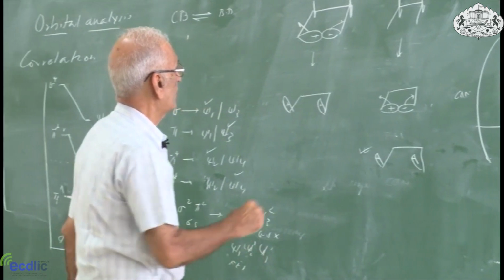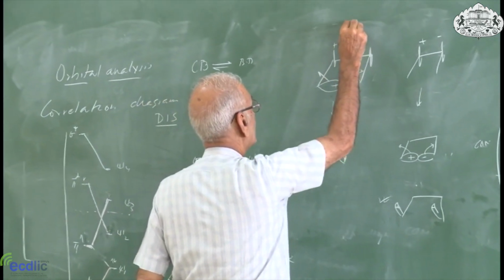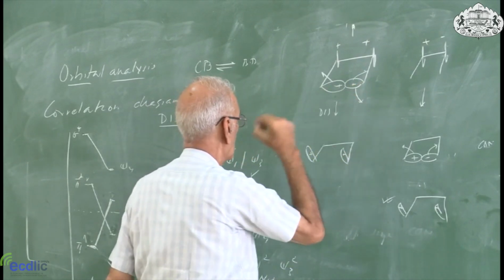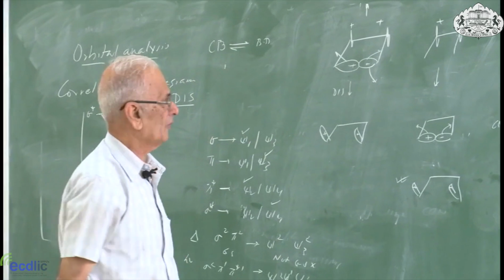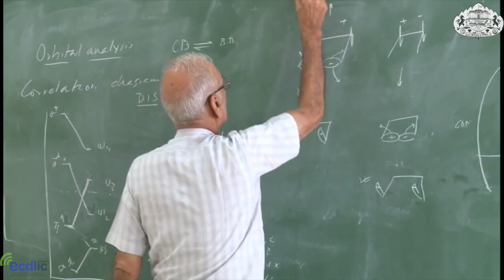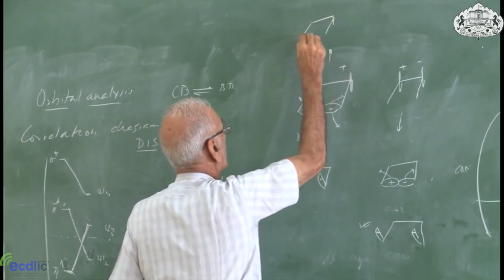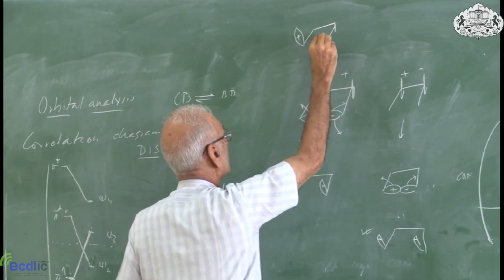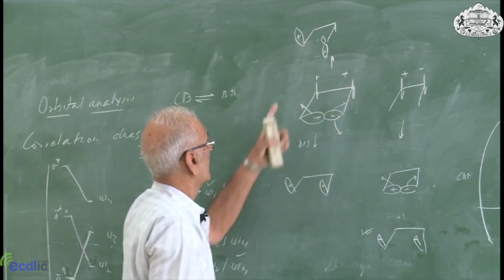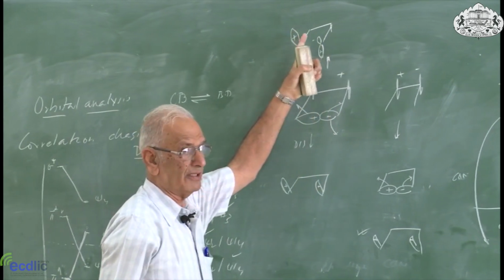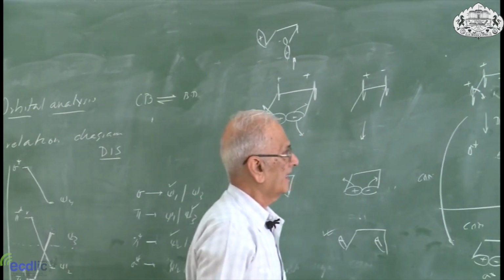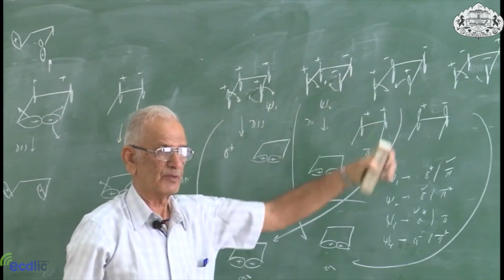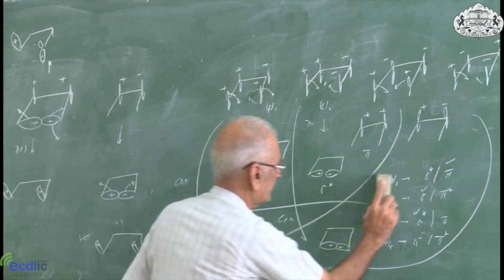Now, we do the conrotatory process. When I do the conrotatory process, what will happen? Plus will go here, plus will come here. Therefore, this will be minus. Therefore, end orbitals have opposite signs. End orbitals with opposite signs correlate with psi 2 or psi 4.